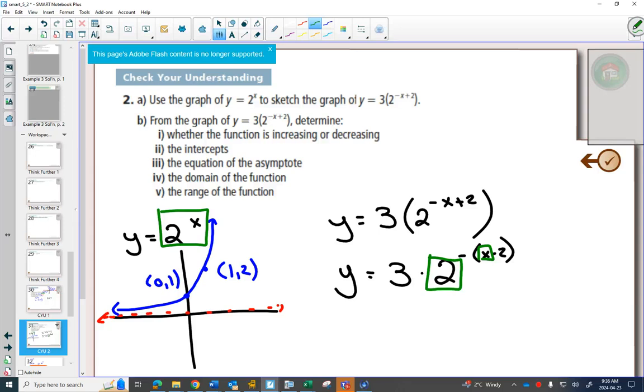Mistake number 1. You see 3 times 2. Oh my goodness, is that tempting. You feel like, I'm good at mental math. I know that 3 times 2 is 6. I'm going to show off my mental math skills and write a 6 right away.